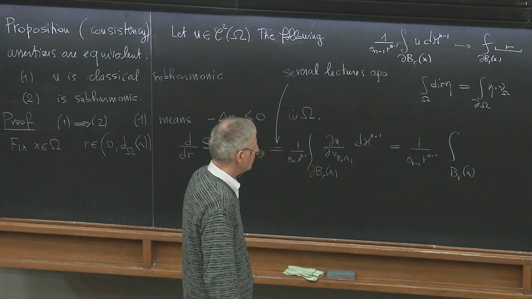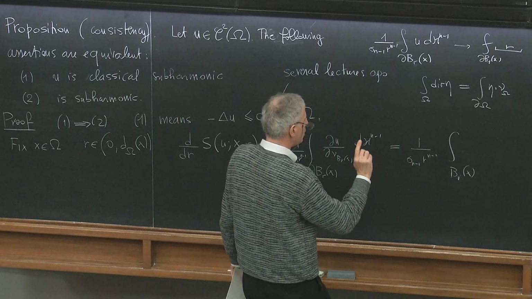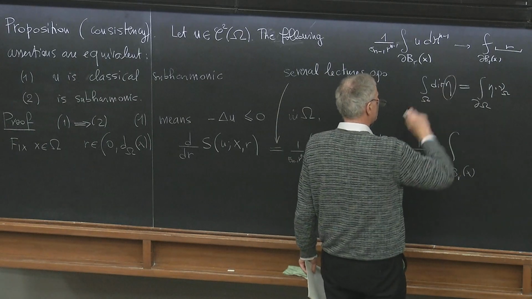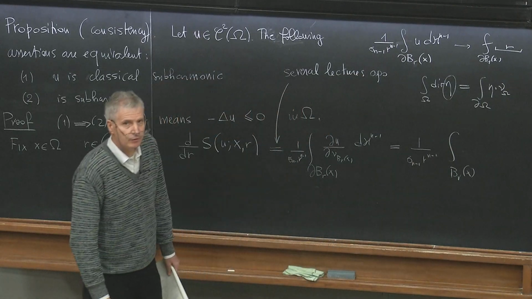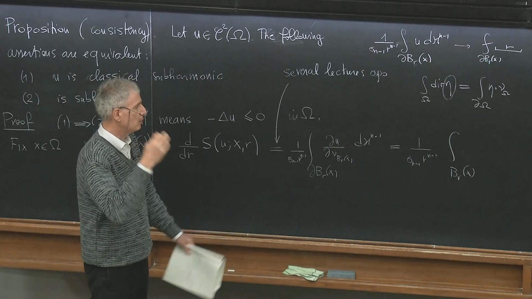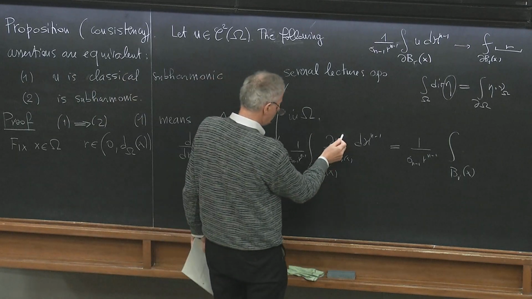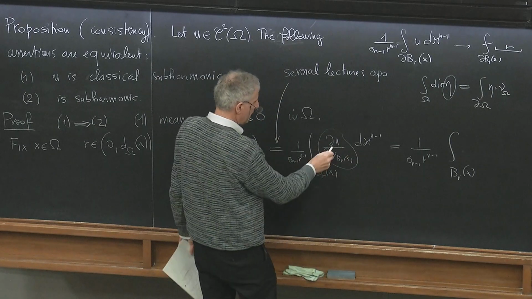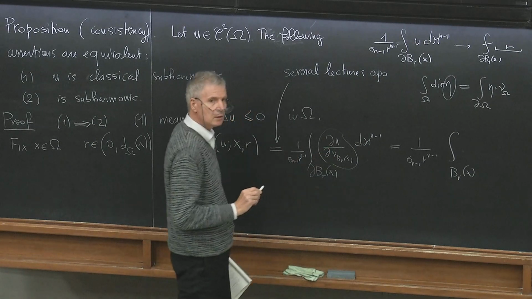U is a scalar field, so you cannot do the divergence of u. You have to do the divergence of a vector field, no? Eta here is a vector field. You see it from here. This is the scalar product between the gradient of u and the normal, no?